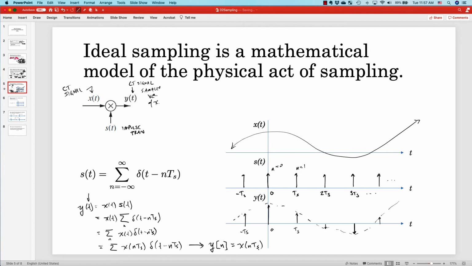Because the only information contained in y of t is in the heights of the deltas. And so if you were to extract that information, then the only information included in here could be as well represented by this list of numbers rather than a continuous time function.